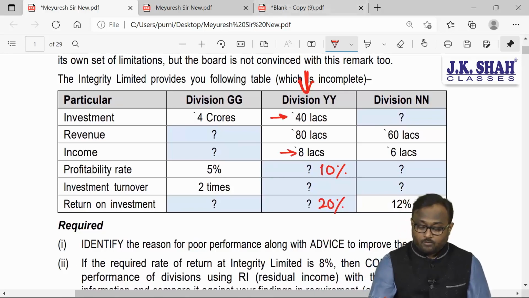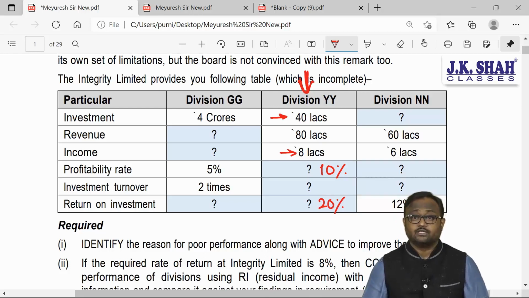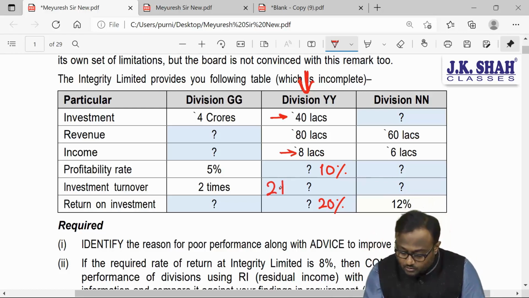Investment turnover. Investment turnover means an evaluation of how much investment you have and how much revenue you are generating as compared to the investment. So it is always revenue upon investment. How much is your revenue? 80 lakhs. How much is your investment? 40 lakhs. With 40 lakhs investment, you are earning 80 lakhs. So can I say this is 2 times?